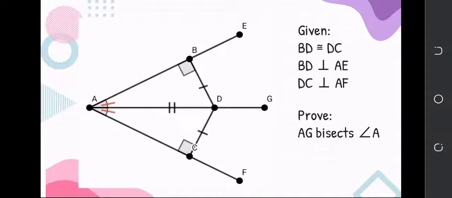Same with the last given, line segment DC is perpendicular to line segment AF, and it also gives us a right triangle on angle DCA. Now there is a marking on angle BAD and angle CAD because these are the two angles that are the vertices of angle A.